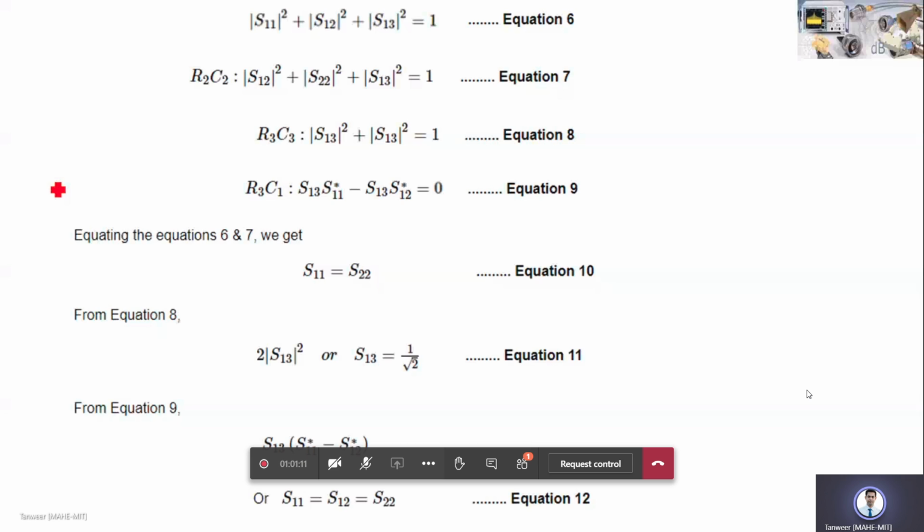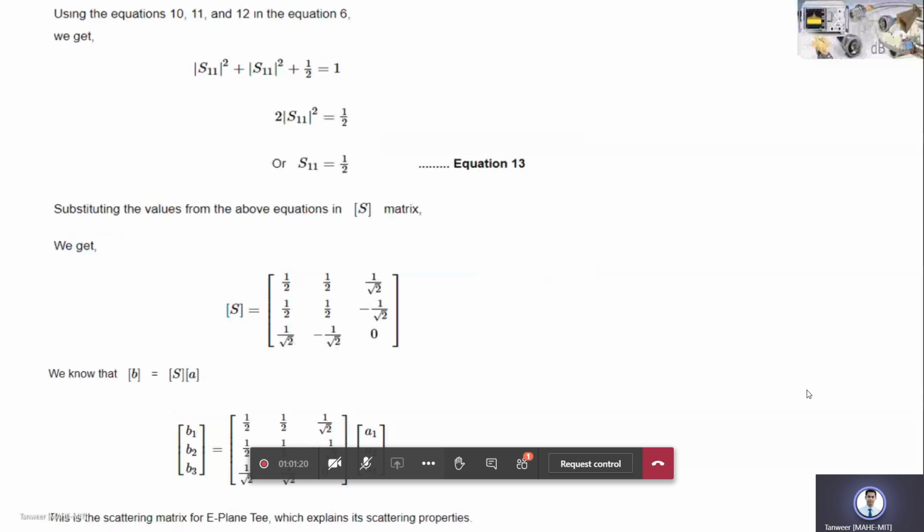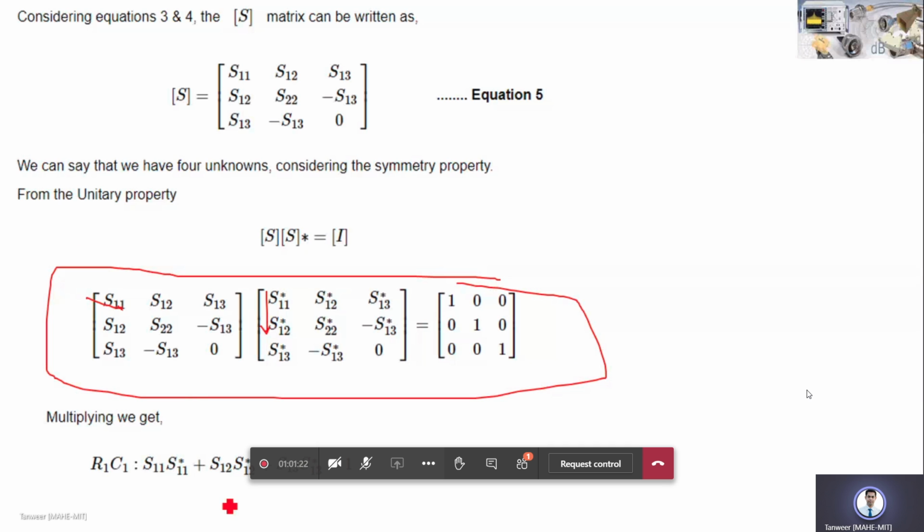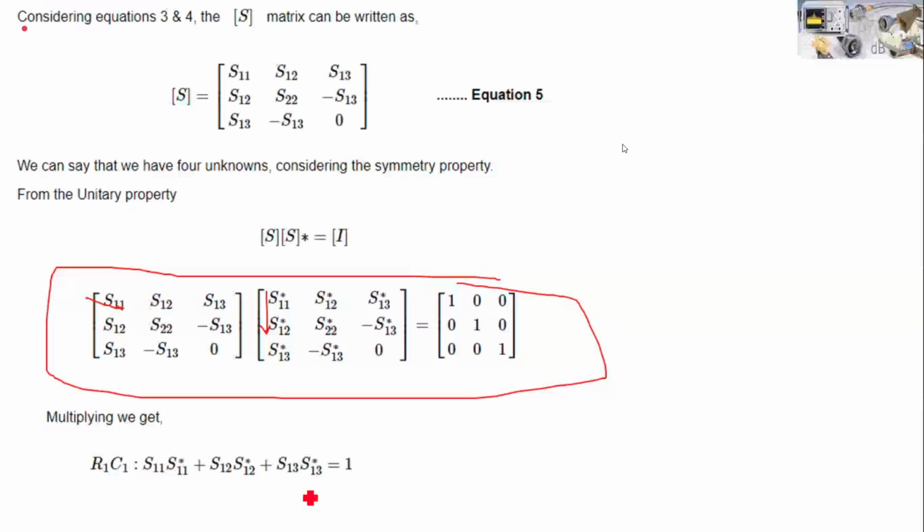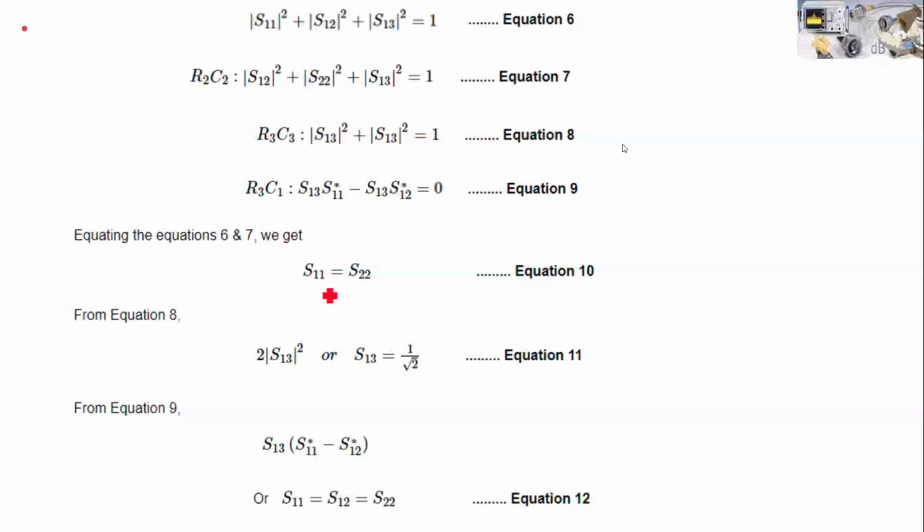Now see, equating equations 6 and 7, obviously S12 will get cancelled out, S13 will get cancelled out, and you will get S11 equal to S22. Understood? This will be mod of S11 squared, mod of S12 squared, so this one and this one will get cancelled out. Mod of S11 is equal to mod of S22, which is nothing but S11 equal to S22.